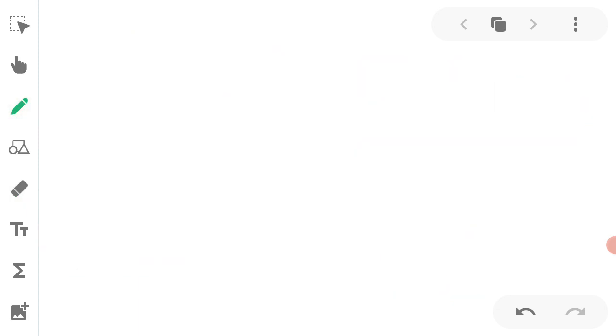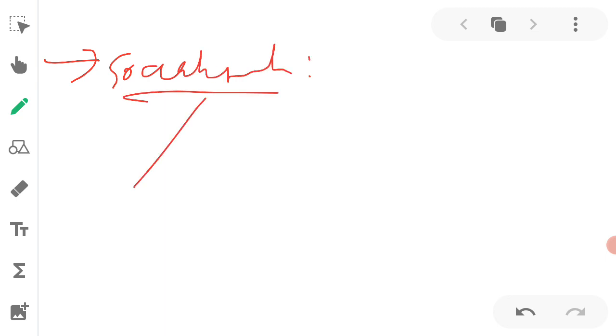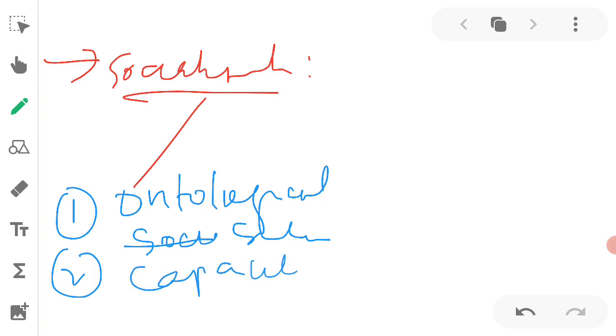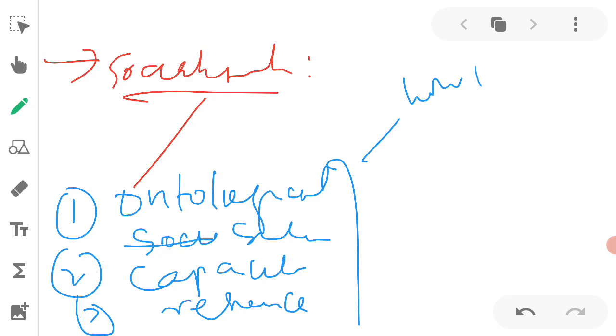So, it is within this socialization that we understand anew our ontological situatedness, our capacities, our resources, and how to use them, and when to use them, and what are their limits, and what are their possibilities, etc. This is understood within this process of socialization.